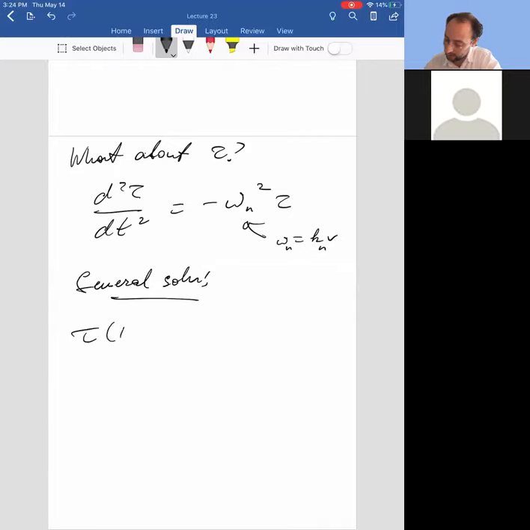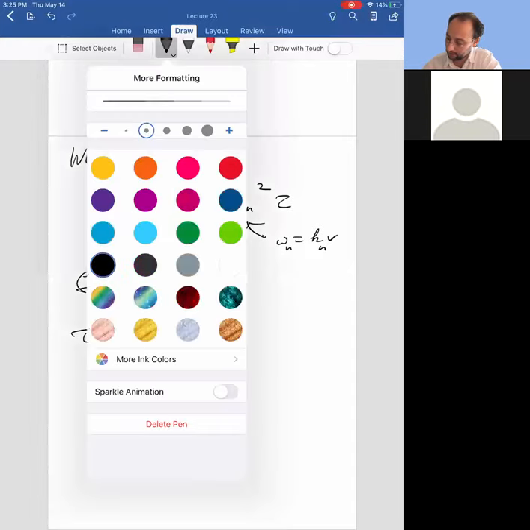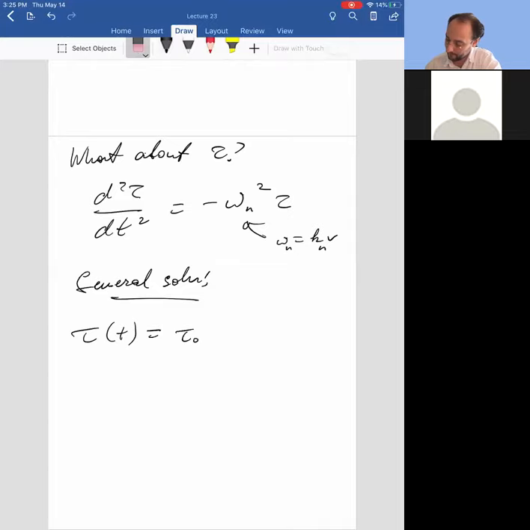So tau of t equals, let me call it, a cosine of omega n t plus phi sub n.